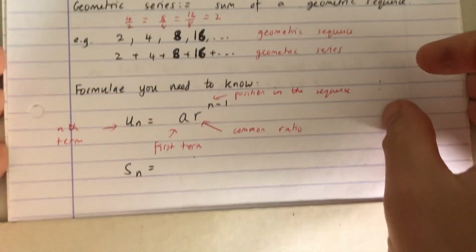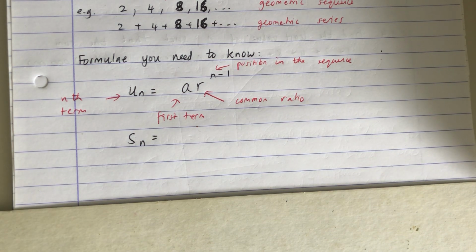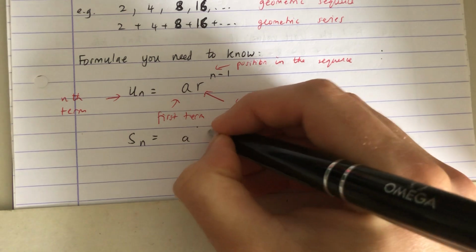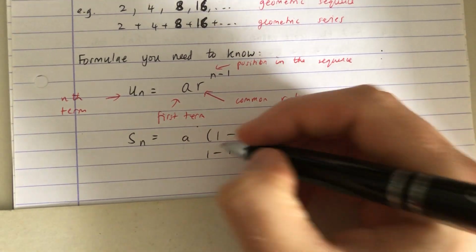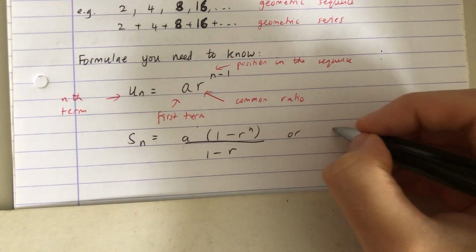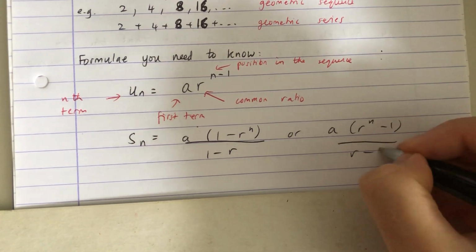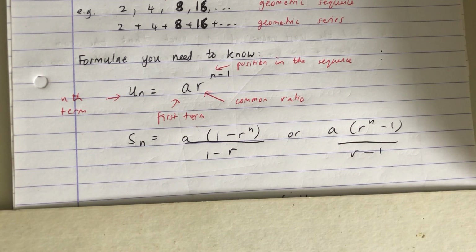S_n stands for the sum of the first n terms. So that is a(1 - r^n) over 1 - r, or a(r^n - 1) over r - 1. Either of those give you the sum of a geometric sequence or series.